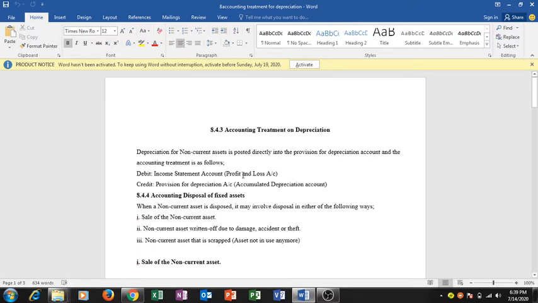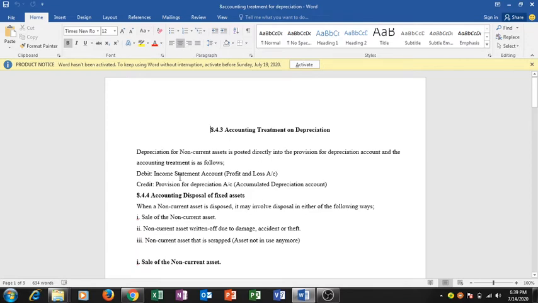Class, just note here, anytime you are told that you debit the income statement, you are simply being told that you treat that amount as an expense. So when we are treating depreciation as an expense, that's why it is debited in the income statement. Anything that is debited in the income statement is an expense.